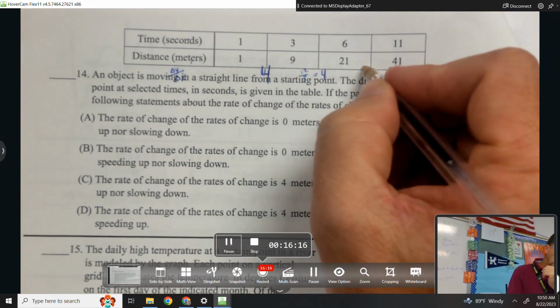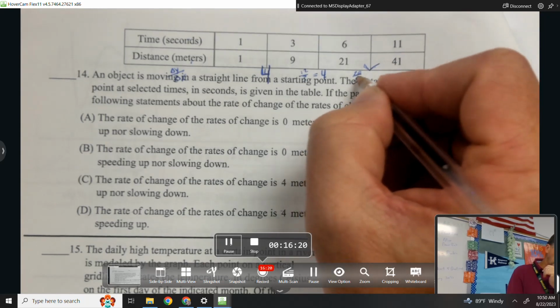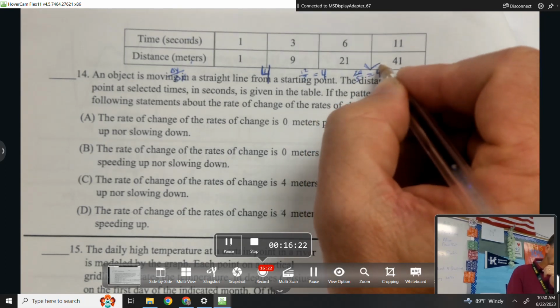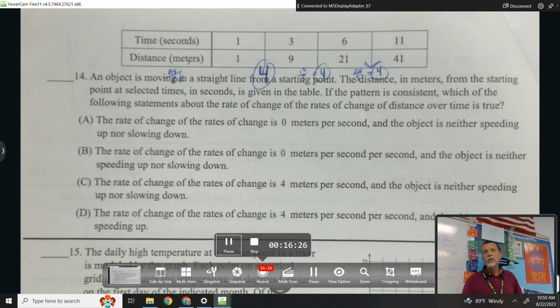And then this rate of change is 20 divided by 5, which is 4. Okay, so the rate of change is a constant 4. That sounds weird to say. The rate of change is always 4.